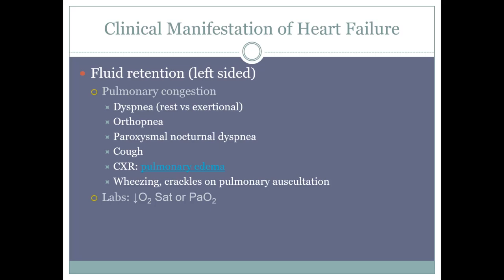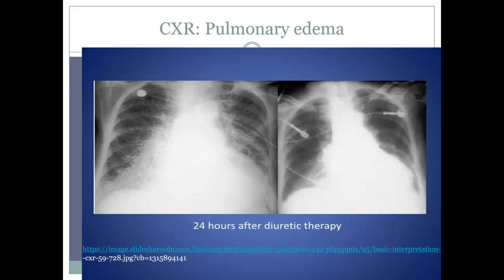And if it's impeding the ability of the alveoli to exchange oxygen and carbon dioxide, we'll see those changes in the labs as well. This is what pulmonary edema might look like. Okay, so on the left side, you can see all of the good portion of the pulmonary tissue is grayed out or white out here, for example, but then after 24 hours after getting aggressive diuretic therapy, in other words, we're forcing them to get rid of fluid to the kidney, you can see that clears out fairly significantly.